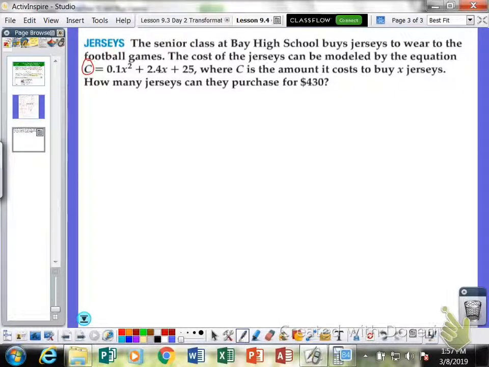So I like to rewrite this: 0.1x squared plus 2.4x plus 25 equals 430.